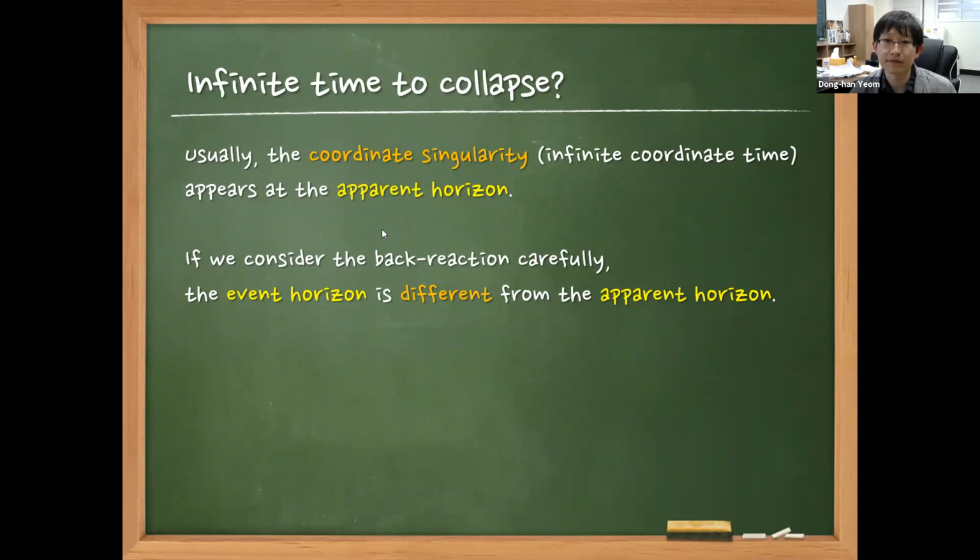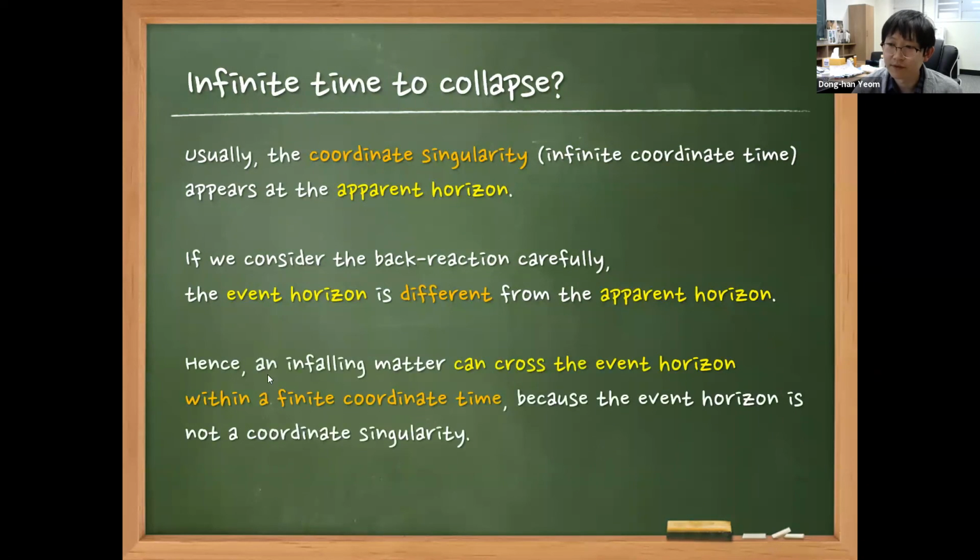Therefore, the outside observer will see that the infalling matter disappears within finite coordinate time. An infalling matter can cross the event horizon within a finite coordinate time because the event horizon is not the coordinate singularity. The event horizon is not the apparent horizon. This is the way to escape the paradox of the black hole formation. Maybe this is one important application for the dynamical horizons.